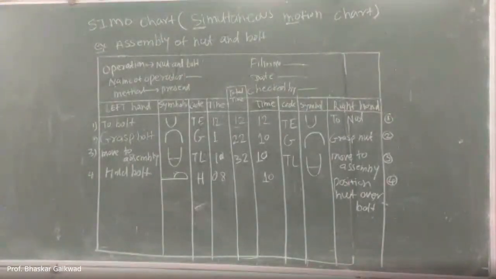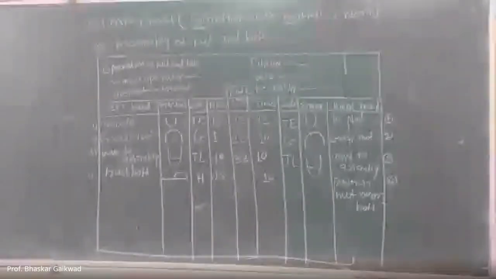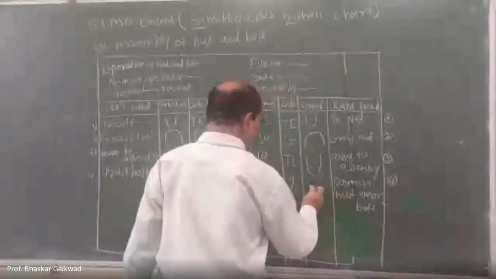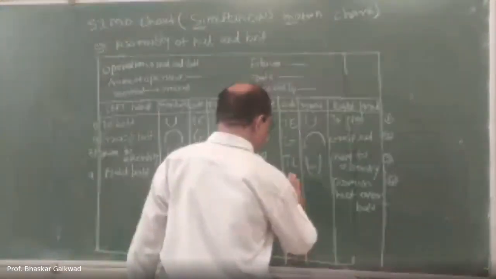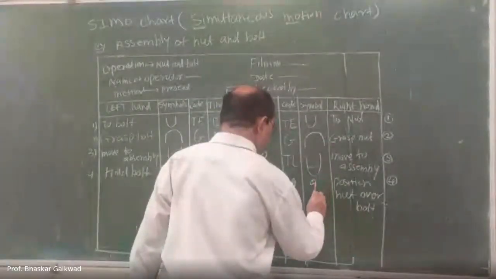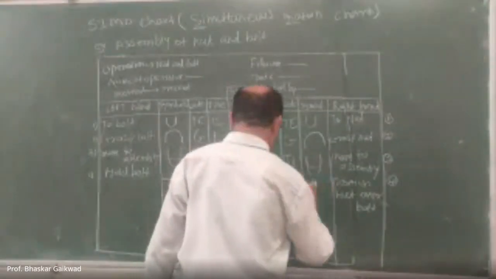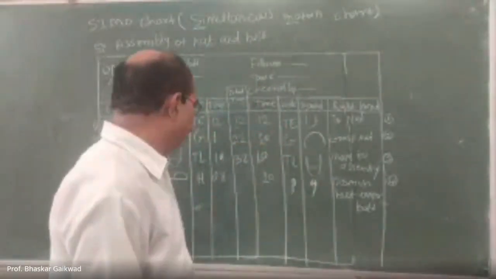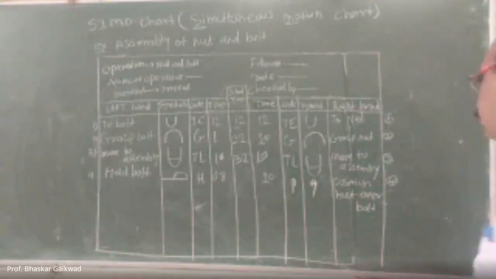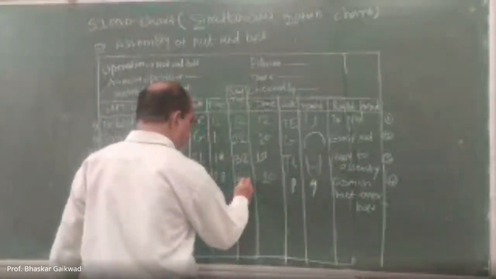P. So, position. Now, what is the cumulative time for this? Cumulative time is 42.